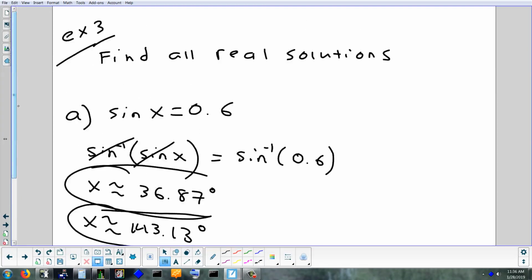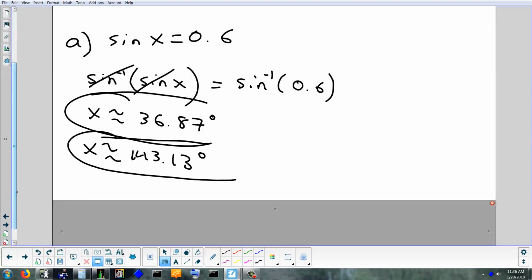But the question didn't say to find all the answers just in the first cycle. It said all of them in general. So I not only want this, but I want every single time that these two answers keep repeating. So what do I have to put on the end of each? Well, what do we put in general?